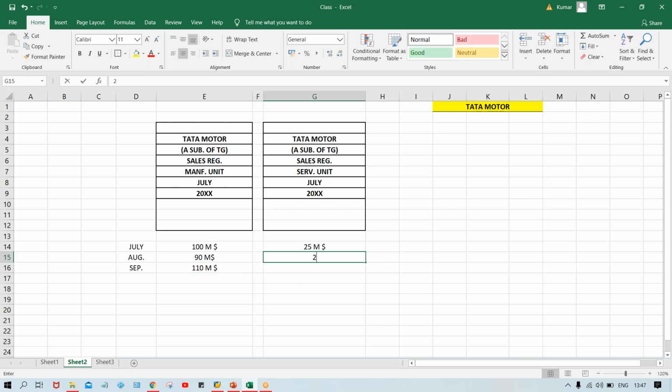From this one it is, let's suppose, 20 million, and here again 30 million, isn't it? So now let's see how the reports are going to be prepared, guys.